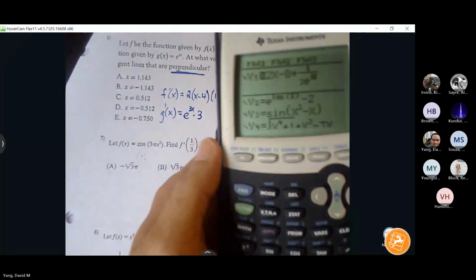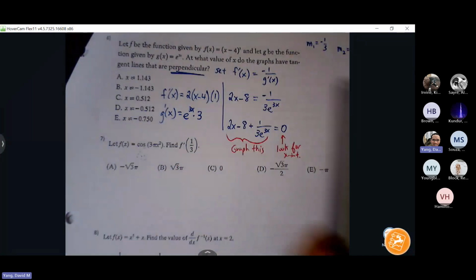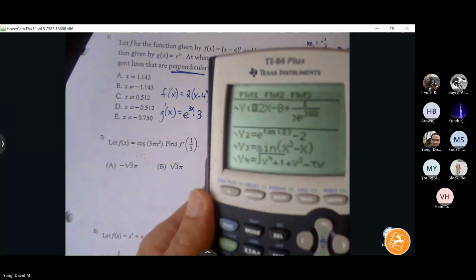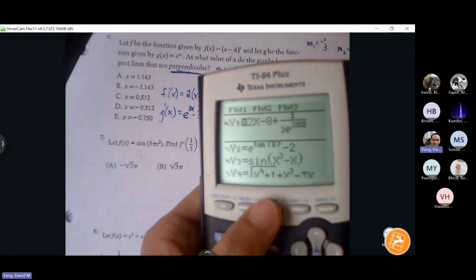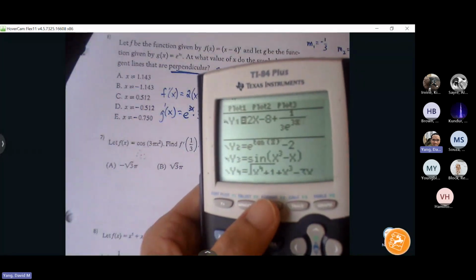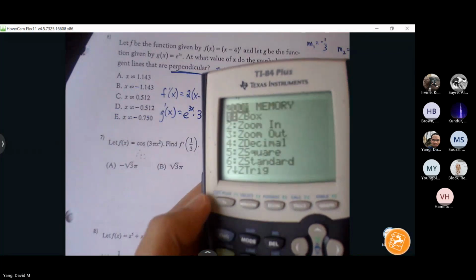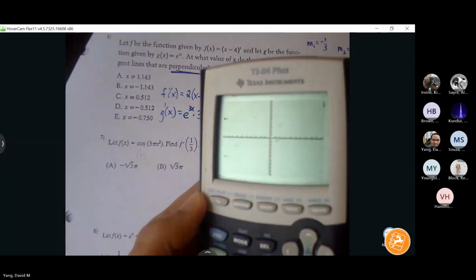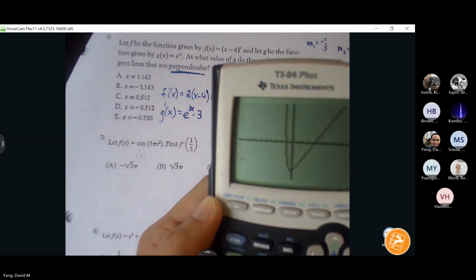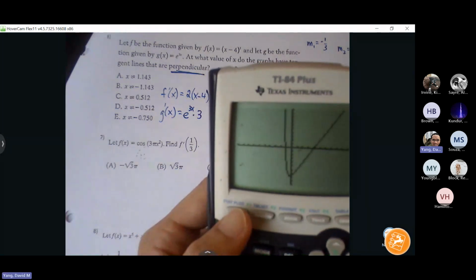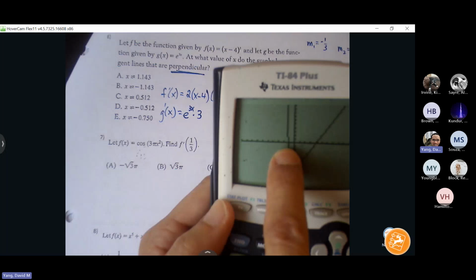E to the 3x. Okay, we're going to graph this. If you want, you can start with zoom 6. We know we're probably looking at that value there.